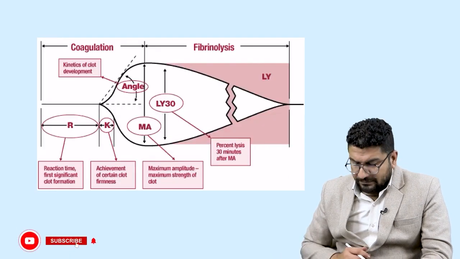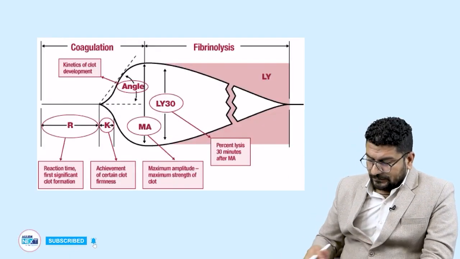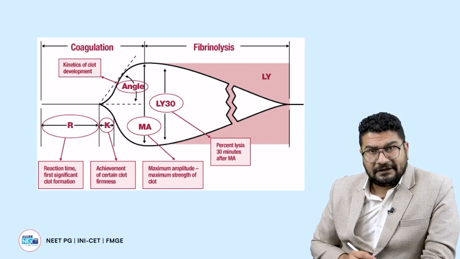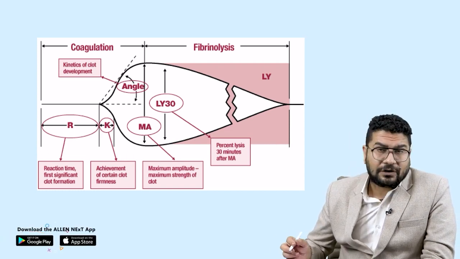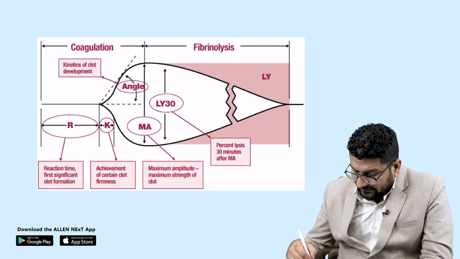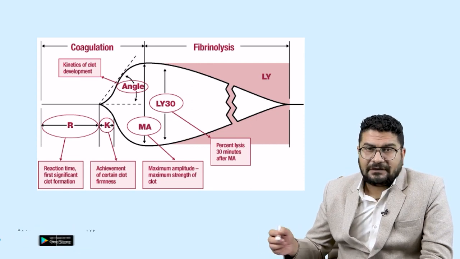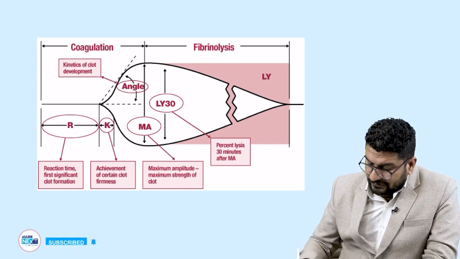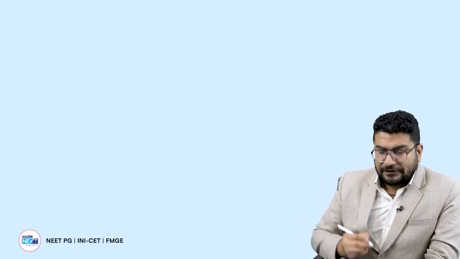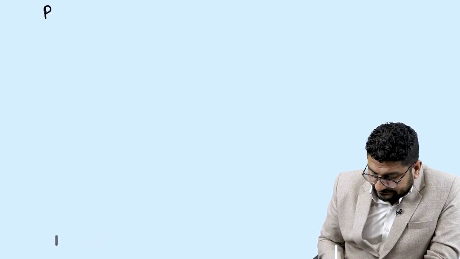Now they ask you some basic questions like how to study this. For this we have certain important components: R time, K time, alpha angle, maximal amplitude and Ly30. These are the basic 5 components, and you have to remember them in sequence. First is R time.